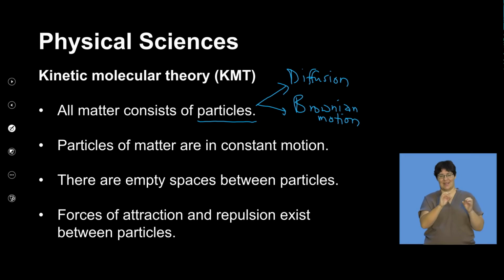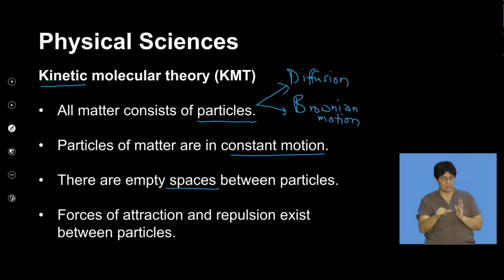And again, we're also saying that particles of matter are in constant motion. Remember, kinetics suggests something about movement. It means any form of matter consists of particles that are in a constant state of motion. And furthermore, there are empty spaces between the particles. Very, very important.